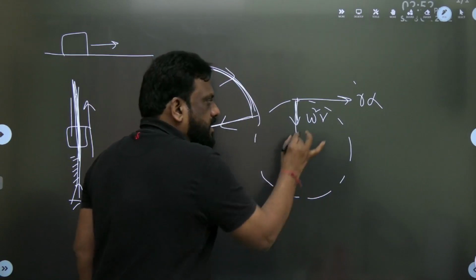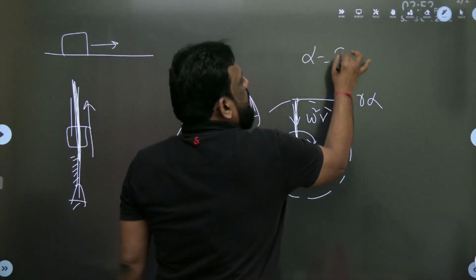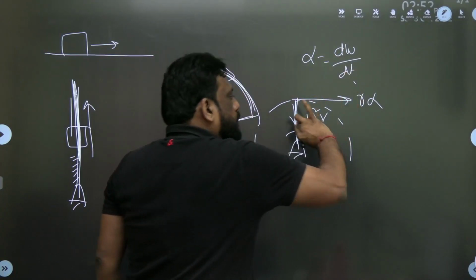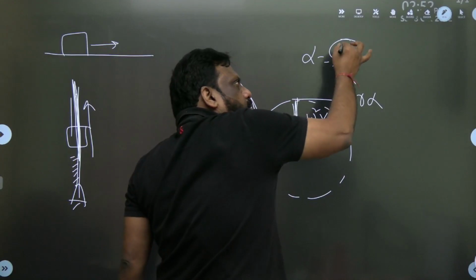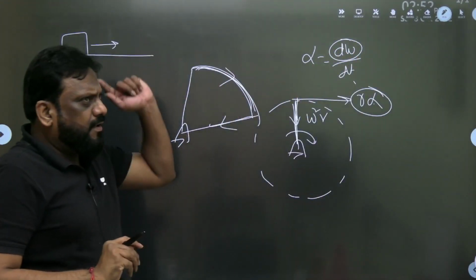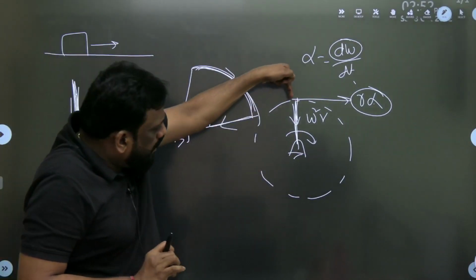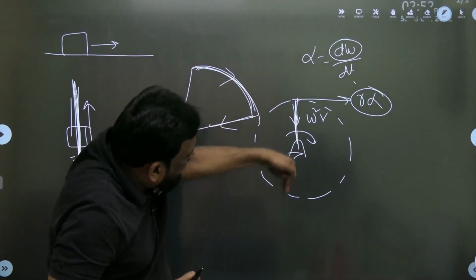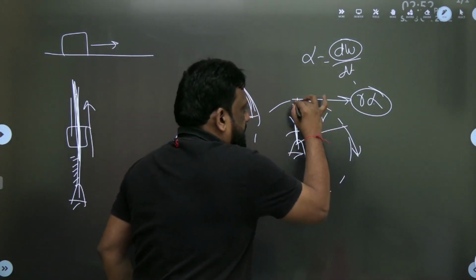Let us suppose this link is rotating with constant omega, and alpha is equal to d omega by dt. If this rotates at constant omega, there is no change in omega, so alpha is 0 and tangential acceleration is 0. So in the case of a link rotating with constant angular velocity, there will be only centripetal or radial or normal acceleration, because the direction of velocity is changing.